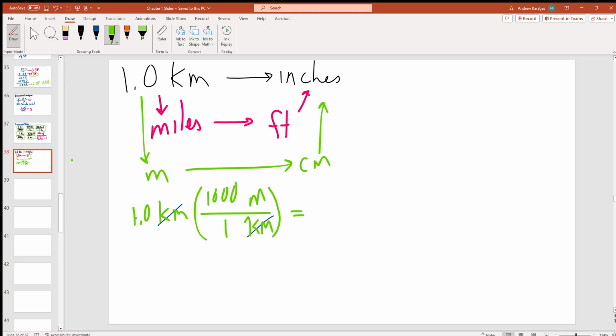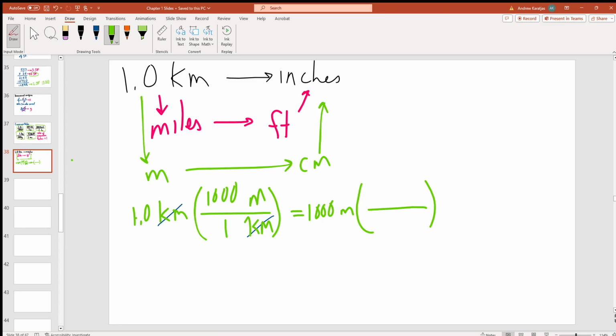And for this first example, I'm going to give you the math at each step along the way. So that's 1,000 meters. Then we're going to go from meters to centimeters. Now in the previous step, we had meters on top because we were going to meters.